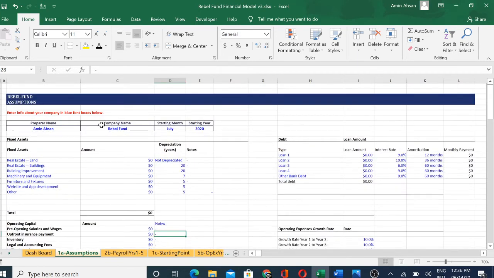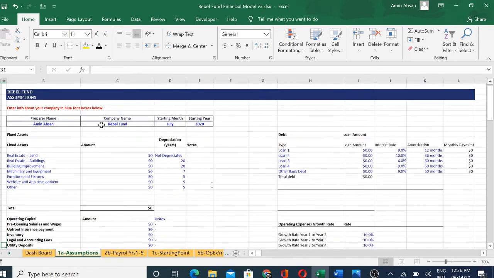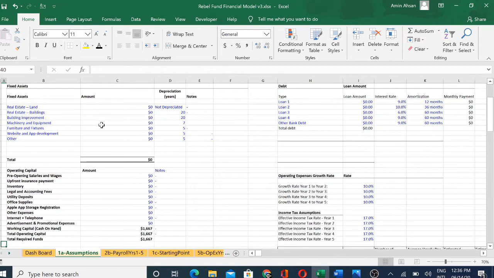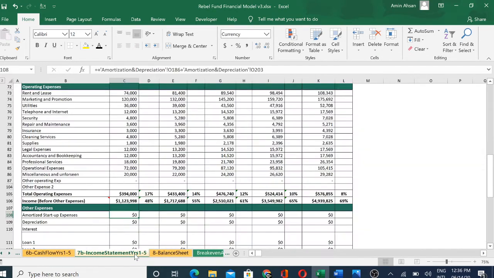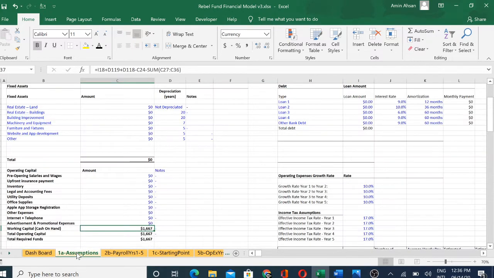Okay, since we do not have any expenses at the start of the business, this area is showing blank figures. If you have, then put that. These are the depreciation, so these are also blank. Let's assume that if you have fixed assets, then you have to put these here in the assumption sheet.